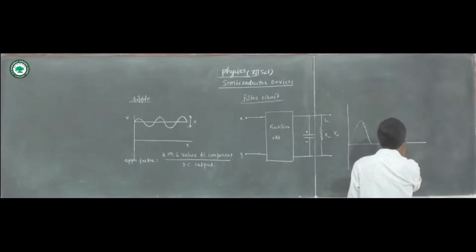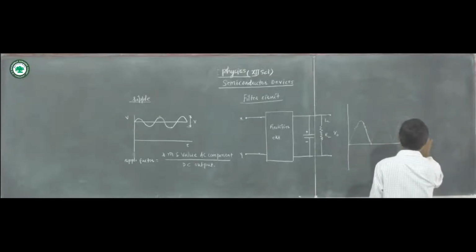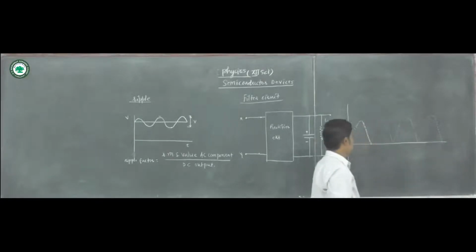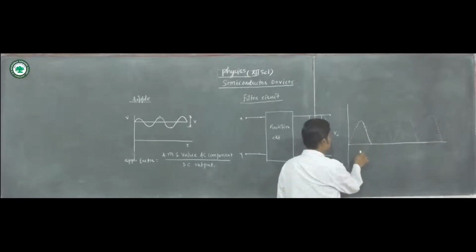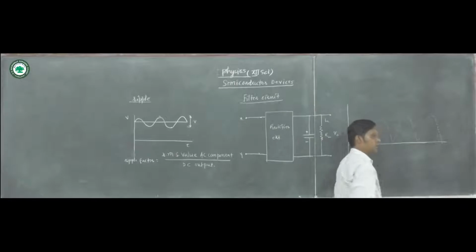Again D1 conducts in the next positive half cycle, and for another half cycle D2 conducts. D1 conducts here, D2 conducts here, D1 conducts here, and D2 conducts here.